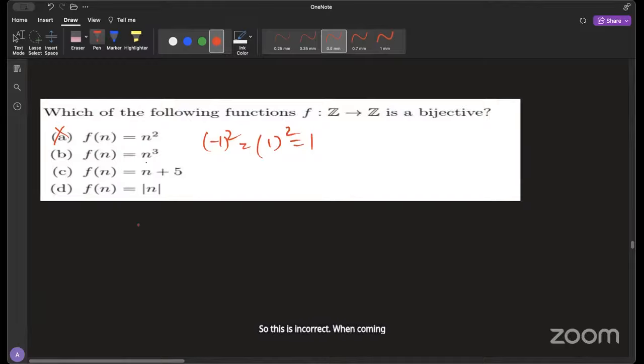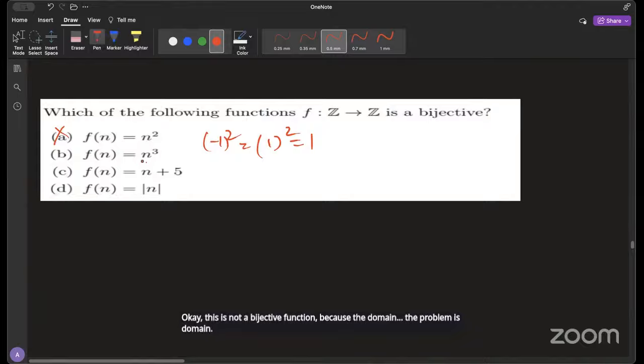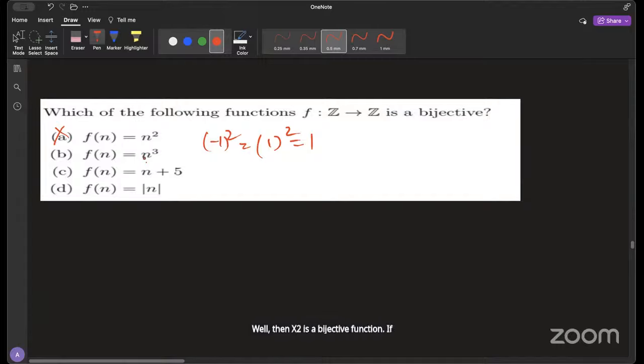Then coming to n cube, this is not a bijective function because the problem is the domain. Your x cube is generally bijective, if you take it on the entire real line. But it's not bijective here because you have changed the domain. This is why B is not bijective, because it's n cube.